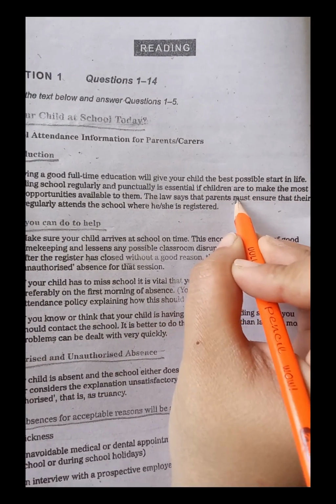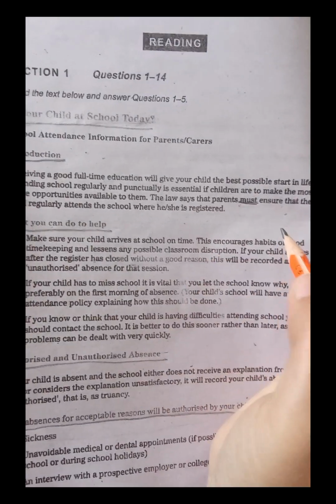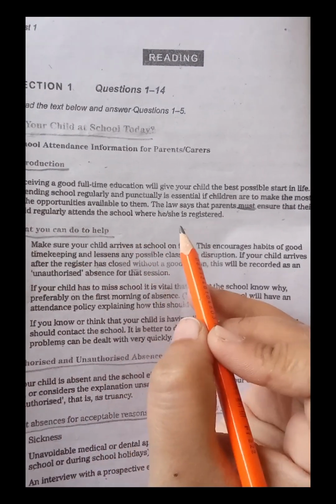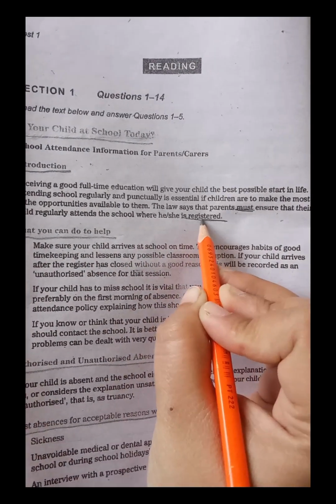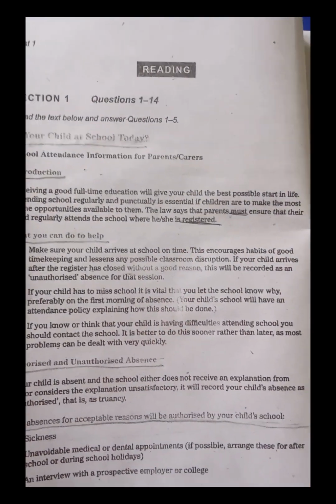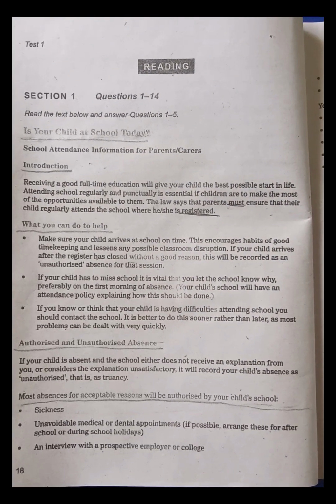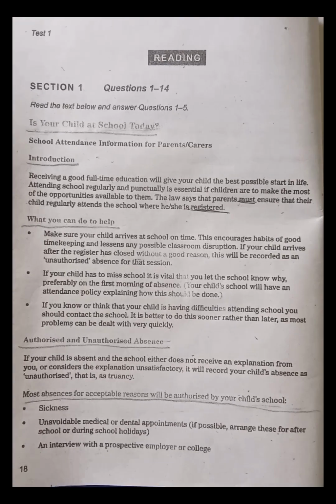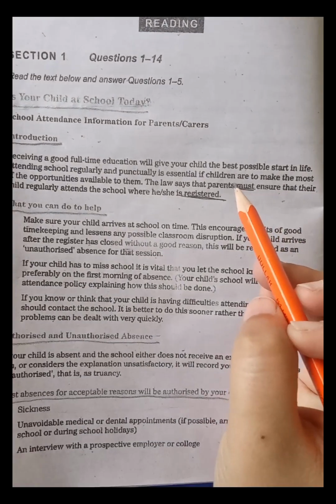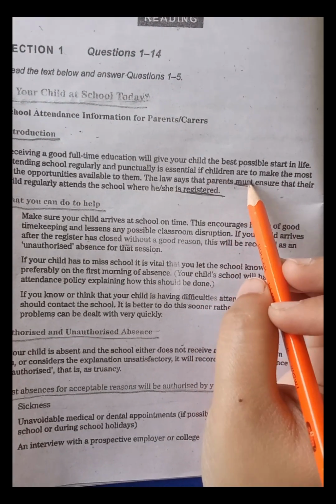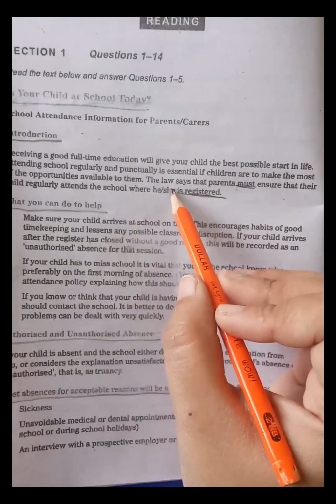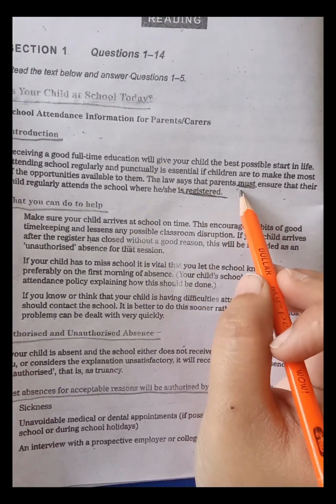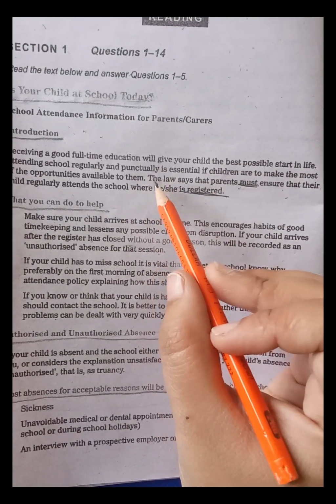Must, we have found, and the word registered, this. As I have found the keywords, now I am supposed to read the last one or two lines before the keywords to get a suitable answer. Now I would like to read from here.